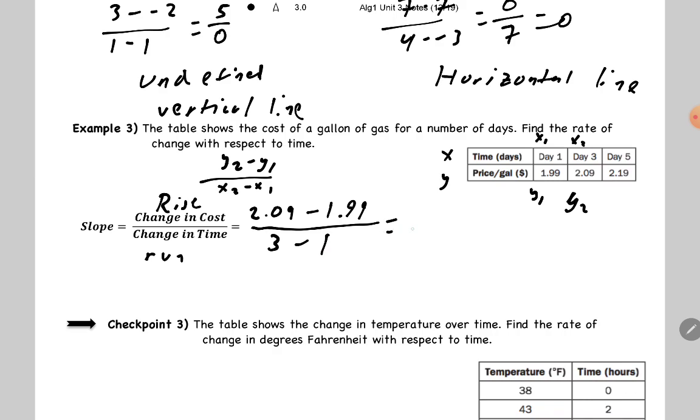So I'm going to get 10 cents up top over 2, which means we use .05, which is 5 cents per day.